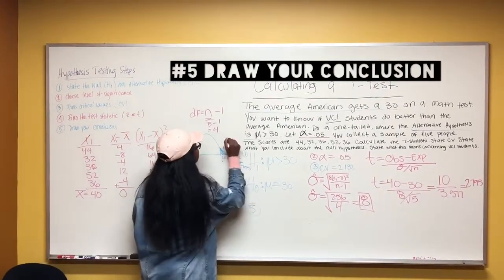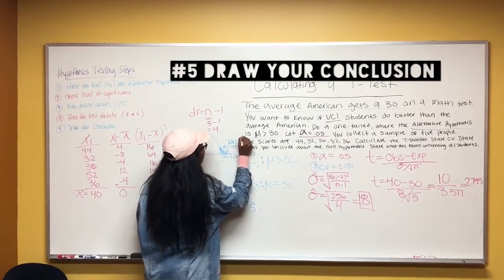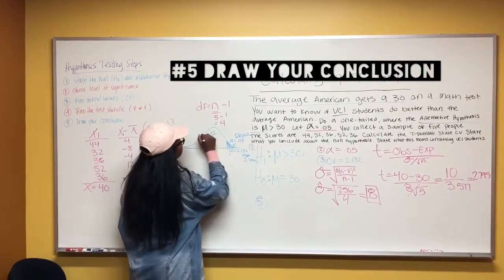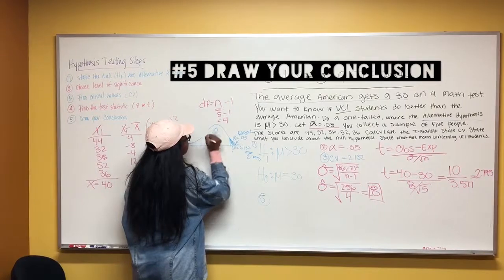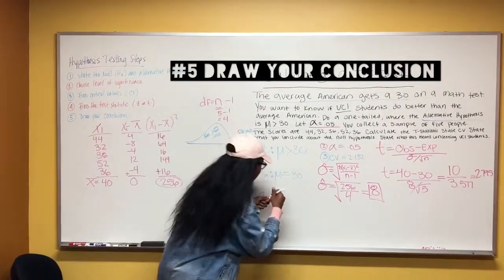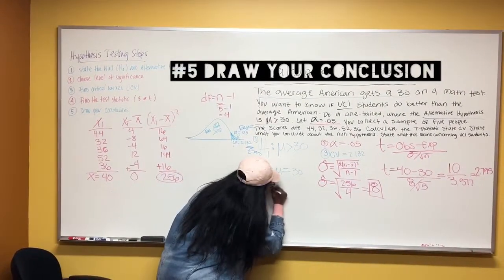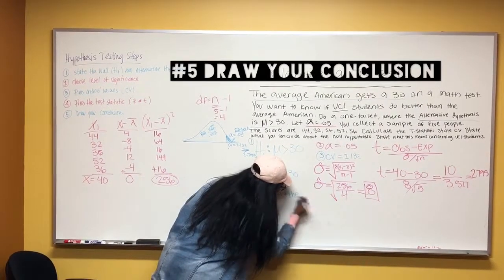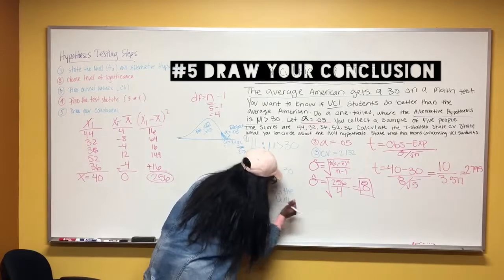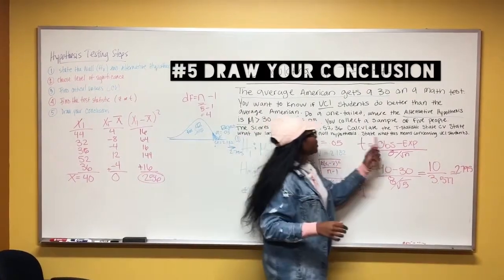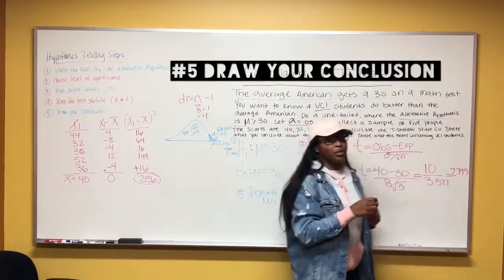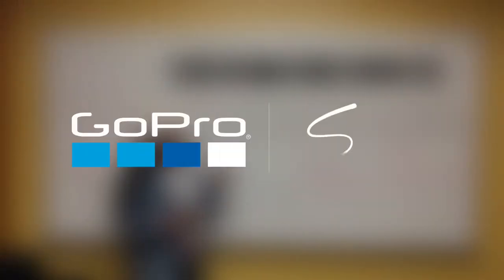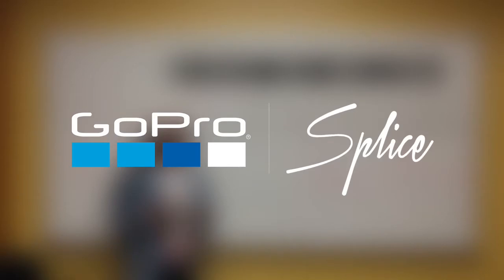On this side you reject the null hypothesis, and if it's within the bell curve, you fail to reject the null. So our conclusion is that we reject the null hypothesis, and what we state concerning UCI students is that UCI students do better on math tests than the average American.